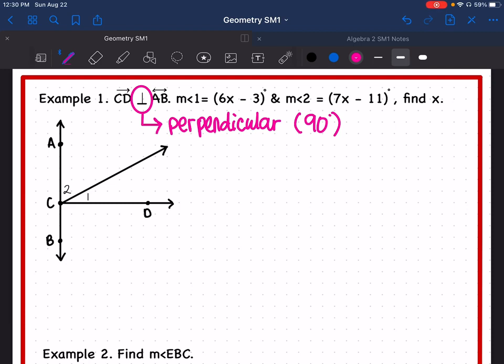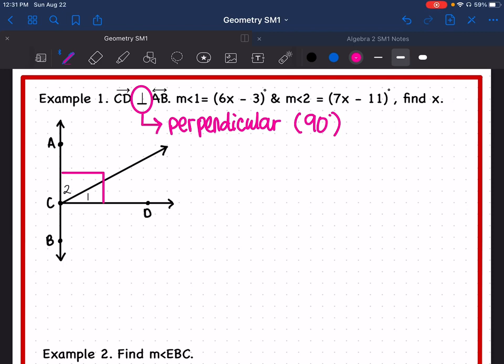So I'm thinking this one is going to do complementary because that was my one that they added to 90 degrees. So I'm going to open up that flap to help me finish this problem. So ray CD is perpendicular to line AB. That means that there's a 90-degree angle right here.